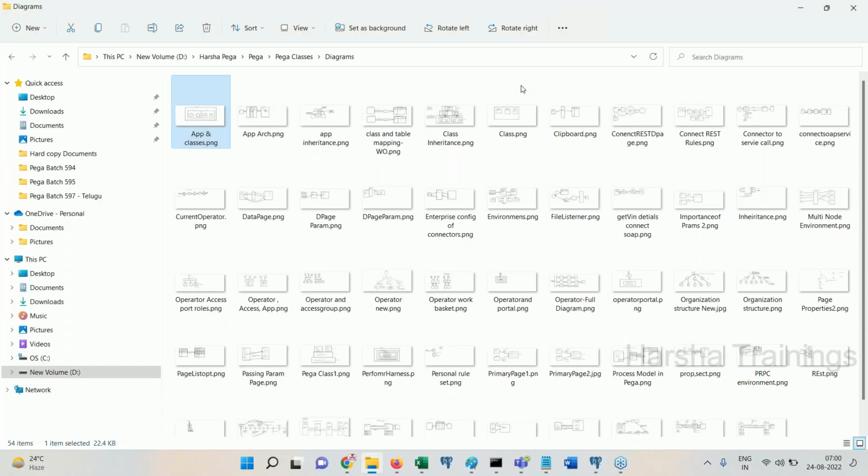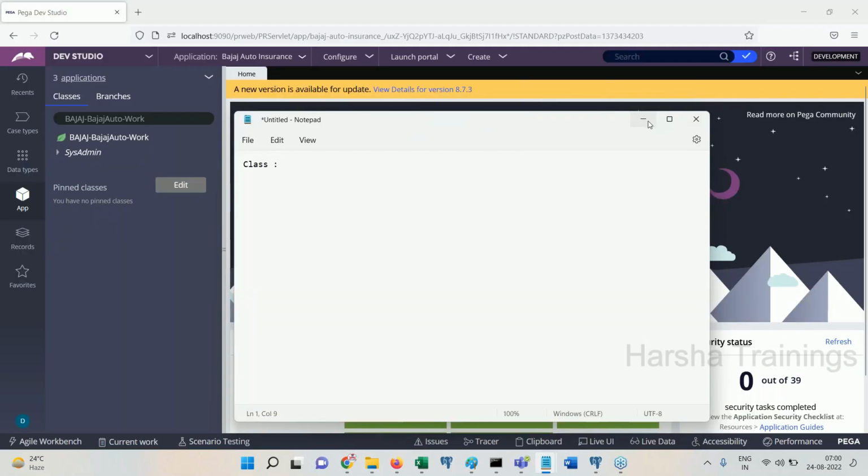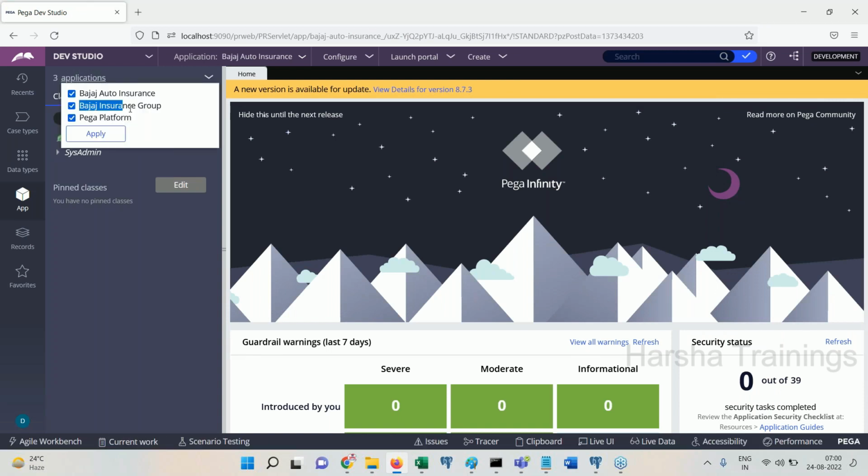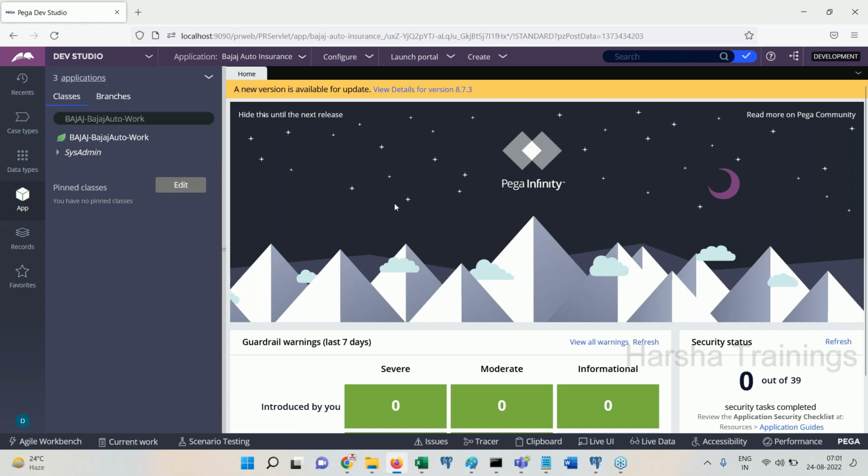After we created our new application, we created two applications. One is the framework application, which has been created on top of the Pega platform, and the other is the Bajaj auto insurance application, which has been created on top of the framework. This is the implementation.